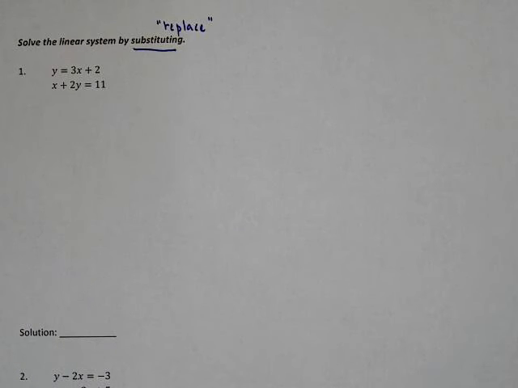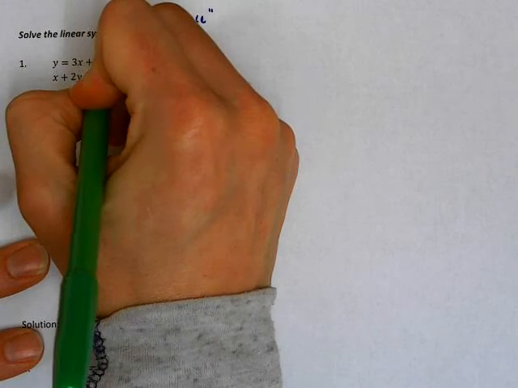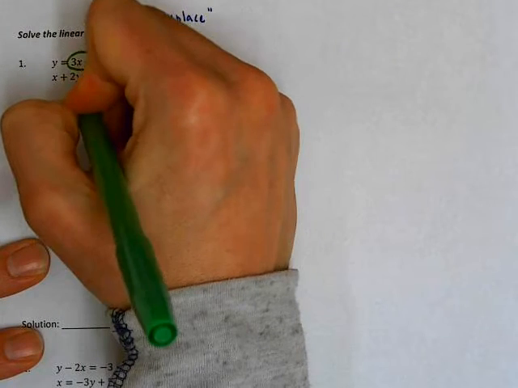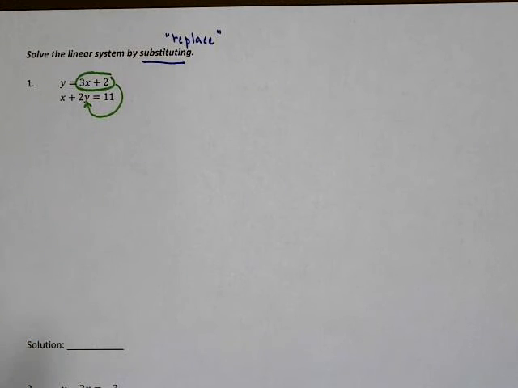Step 2 told us to substitute one variable into the other one. So what that means for us is I know that y equals 3x plus 2. So that is going to replace the y in my second equation. Sorry, I'm moving this all over. So here's what's going to happen.